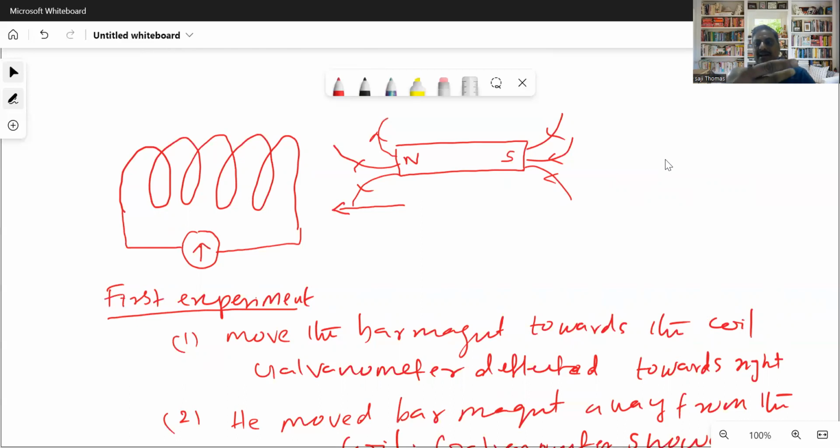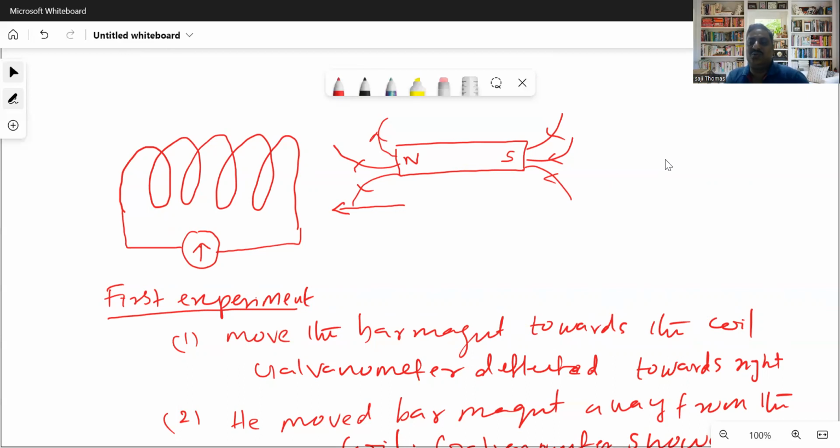If you keep the bar magnet stationary inside the coil, there is magnetic flux and magnetic field inside, but it is not changing. Whenever there is relative motion between the bar magnet and the coil, the magnetic field and magnetic flux are changing.